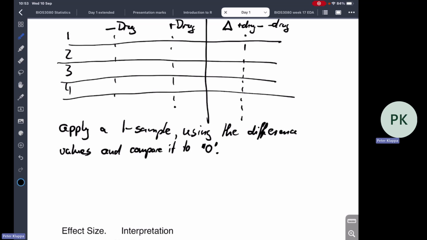Why 0? Just simply you want to know, is there a difference between them, or is the difference between before and after, is it 0? 0 now is your reference value in this case. Yeah, makes sense?